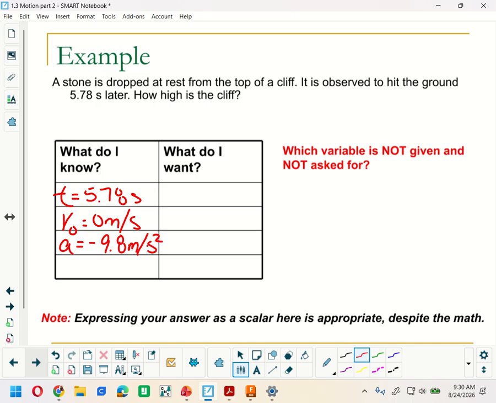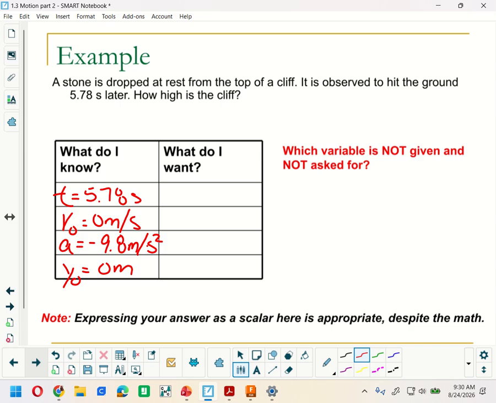Okay. There's one more thing that I know. Where are we starting at? Okay, so that would mean my initial position is at 0 meters.